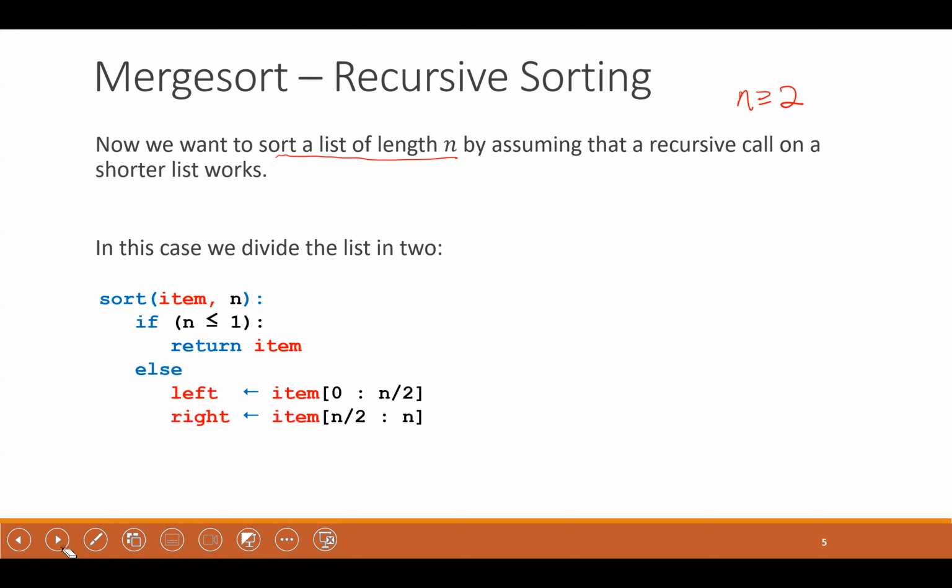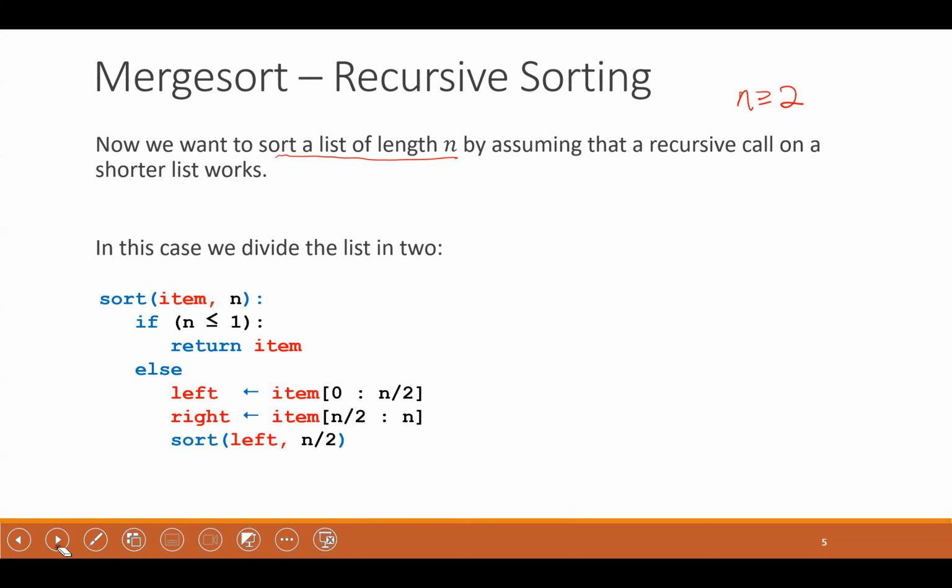Otherwise, I'm going to divide this list into two lists. I'm going to take half the elements, basically. We're making a simplifying assumption here that n is even, so we can divide it by 2. So I'm going to take half the list and copy it into a new list called left, and half the list and copy it into a new list called right.